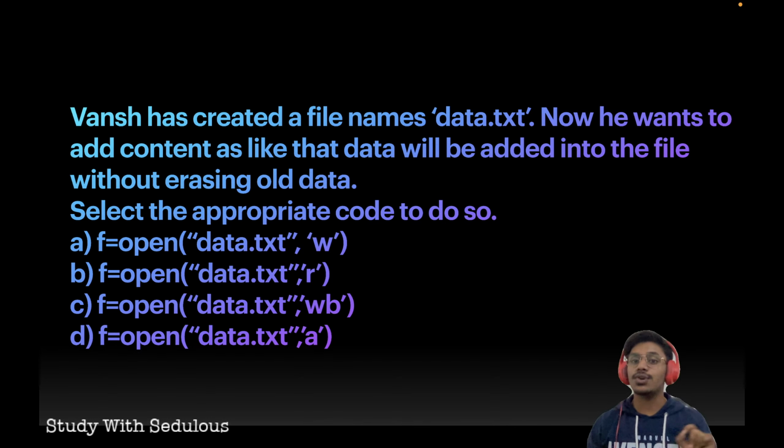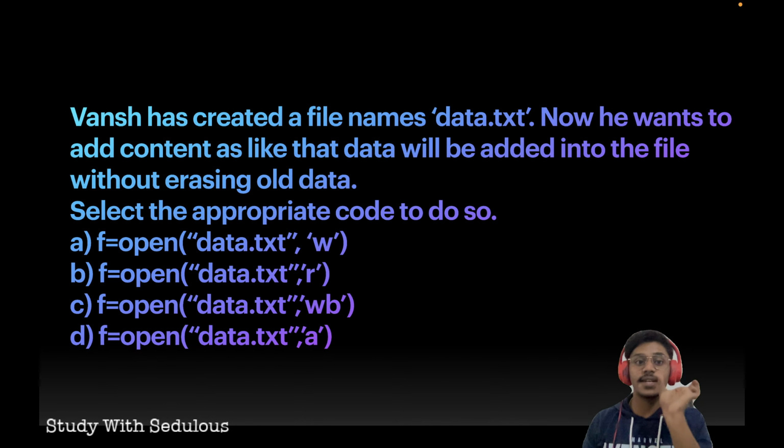R is for reading only, and we have been told that we have to add content. So it's not B. B is also crossed off. Now left is A and D. W is write, and as we all know, write, whether the file exists or doesn't exist, just creates a new file. It erases the old file.